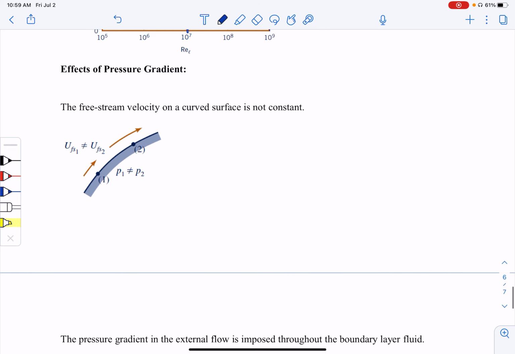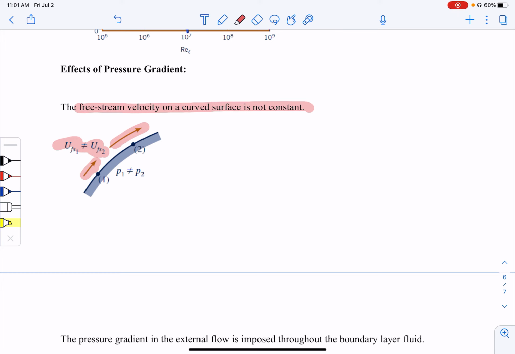And now let's talk about the effect of the pressure gradient. The important thing that I want to mention is that the free stream velocity on a curved surface is not constant, as we can see through this figure right here.